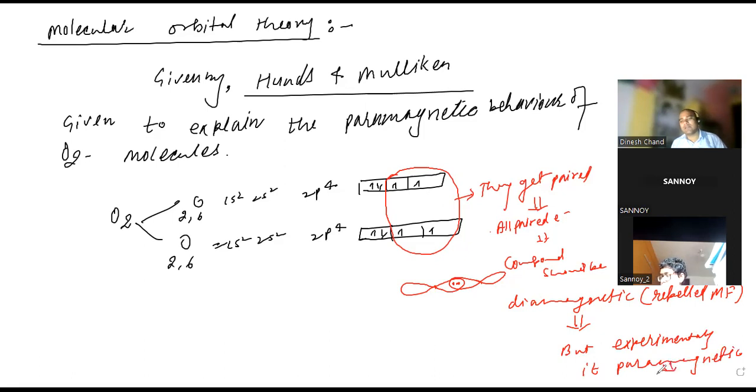Whatever theories were given, whether the concept of hybridization or valence bond theory, they all failed; they could not explain it. So the paramagnetic character is explained by what? MOT, molecular orbital theory. So why was this theory given? To explain the paramagnetic behavior of the O2 molecule.